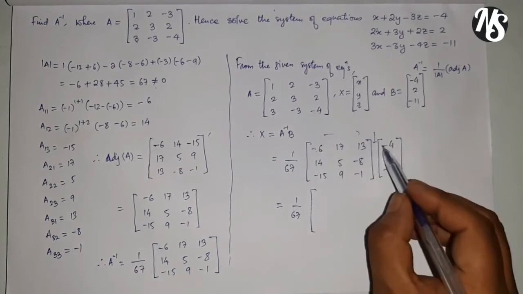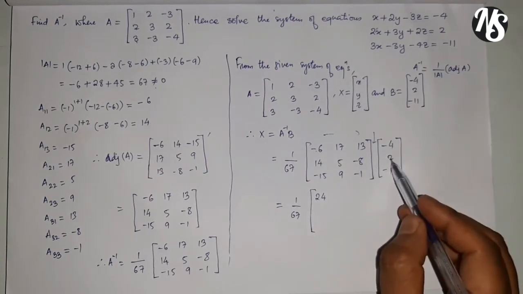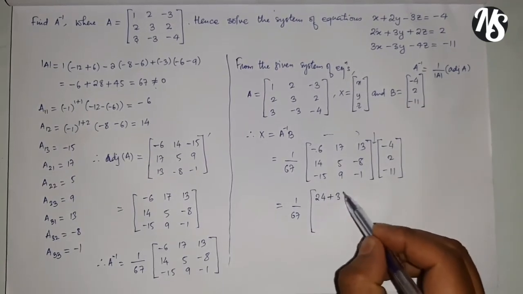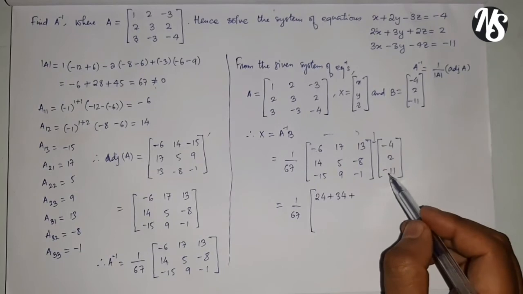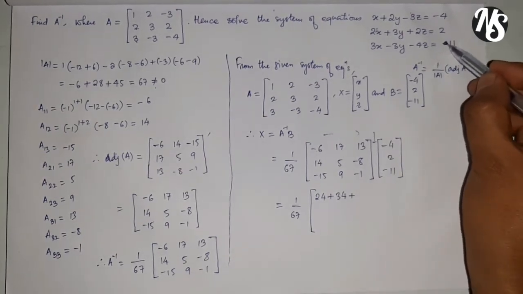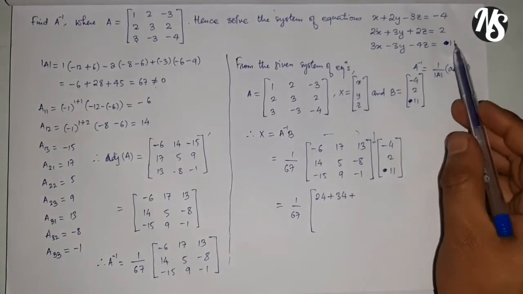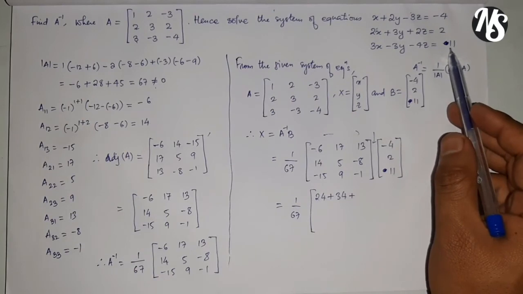This is minus into minus, 24 plus 24, 17 into 2 is 34, right? Plus 13 into minus 11 becomes, let me check. This is not minus 11, this is just 11. I'm sorry, my mistake here. The question says this is just 11, not minus 11.